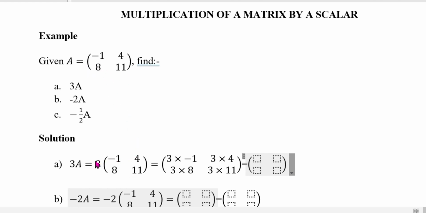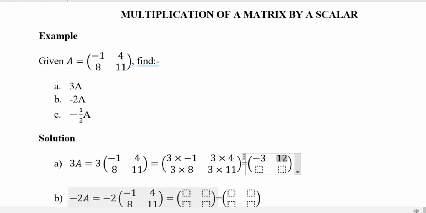So we take this 3 and multiply by all the elements in this matrix. 3 times negative 1, then 3 times 4, 3 times 8, and 3 times 11. If you simplify that, you will get negative 3, then 3 by 4 giving us 12, 3 by 8 giving us 24, and 3 by 11 giving us 33.